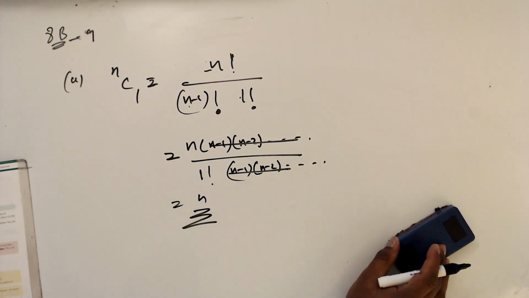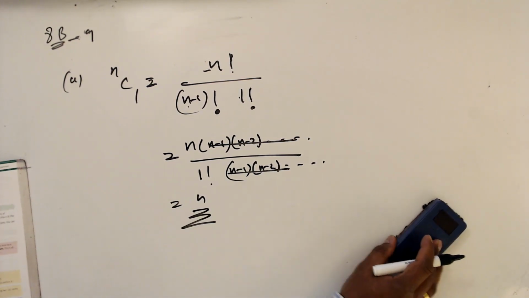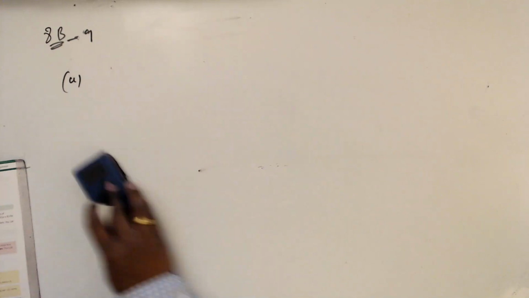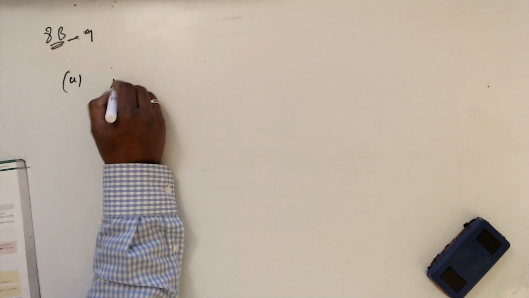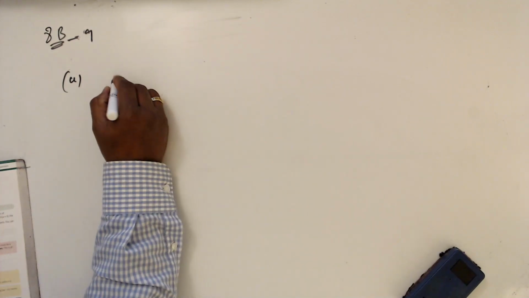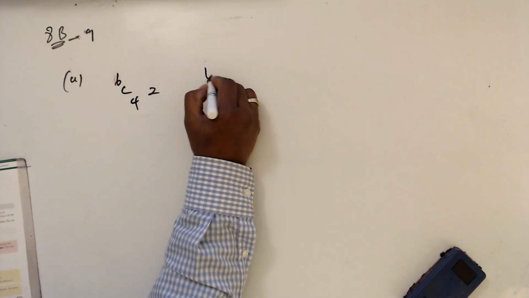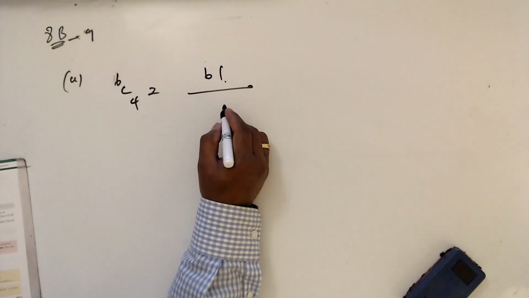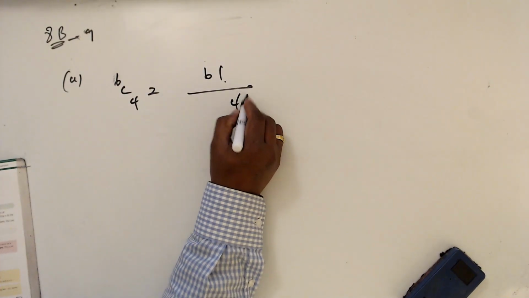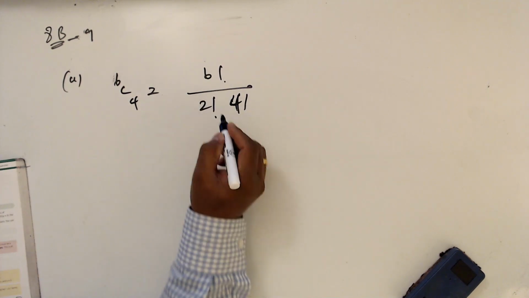If you can't understand, I will work it differently. First of all, we'll work out 6C4. This is factorial 6 over factorial 4 and factorial 2.